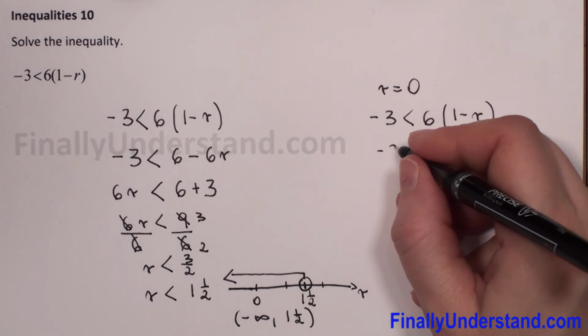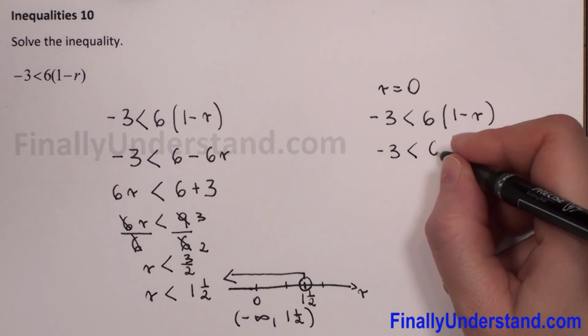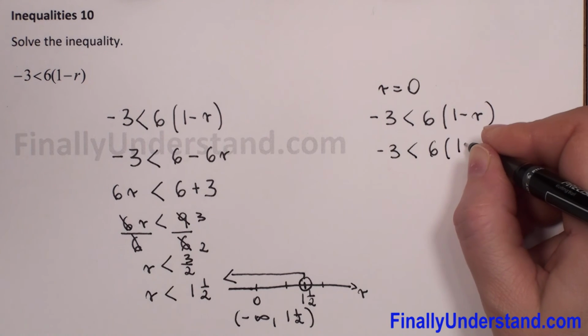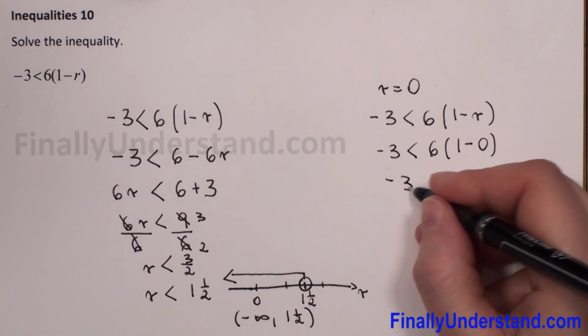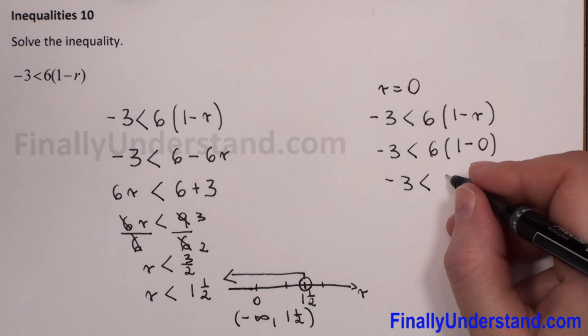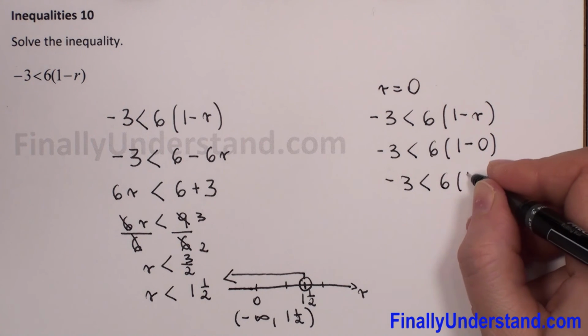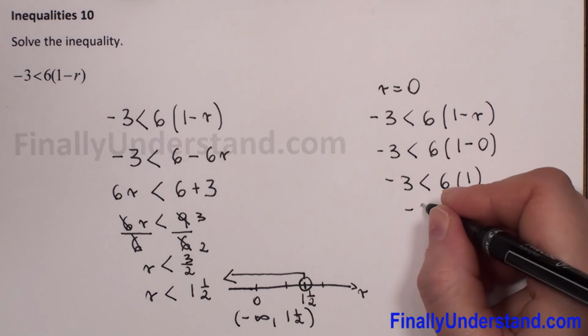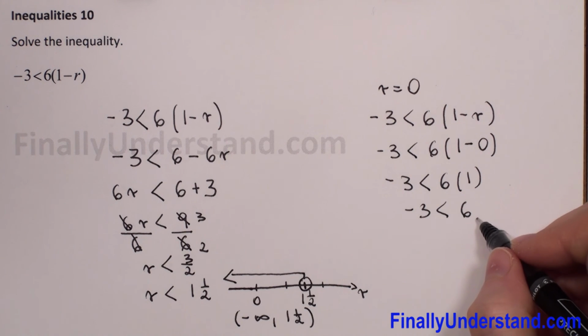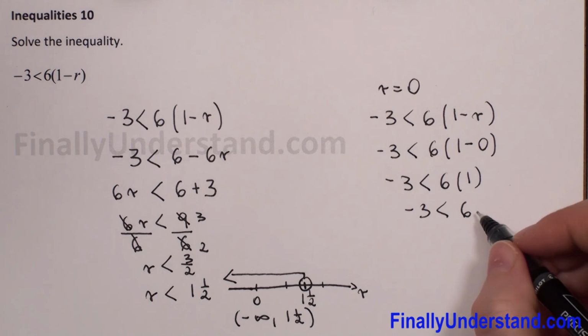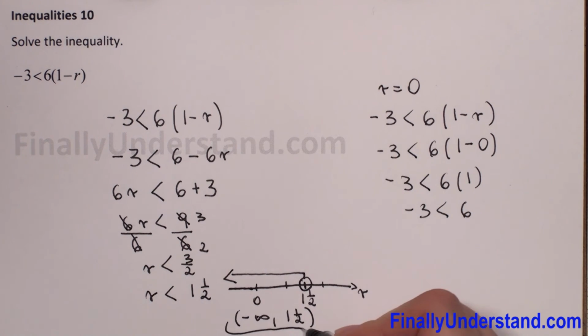So negative 3 is less than 6 times 1 minus 0. So negative 3 is less than 6 times 1. So negative 3 is less than 6. Our inequality is true, so our solution is correct.